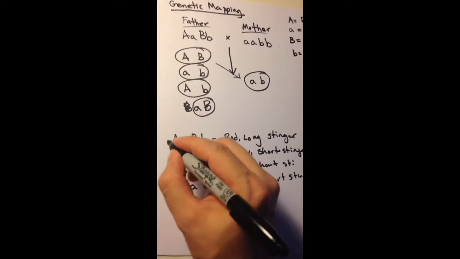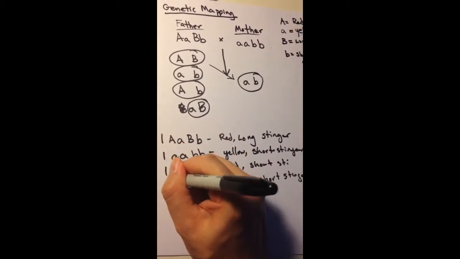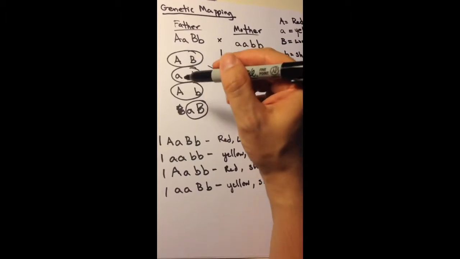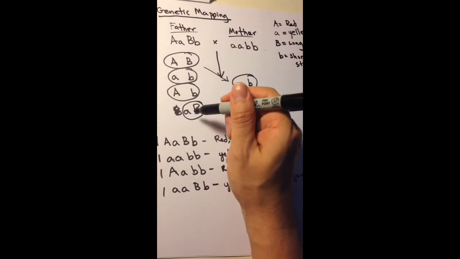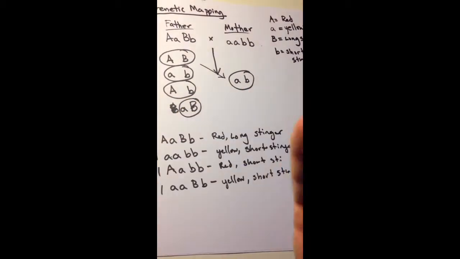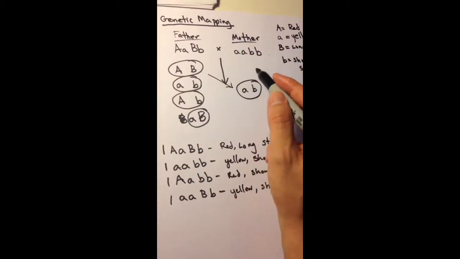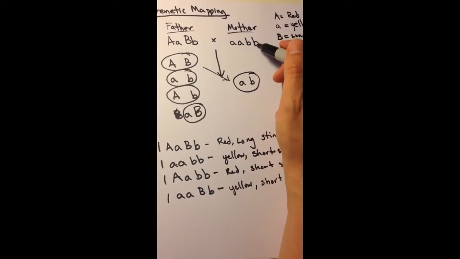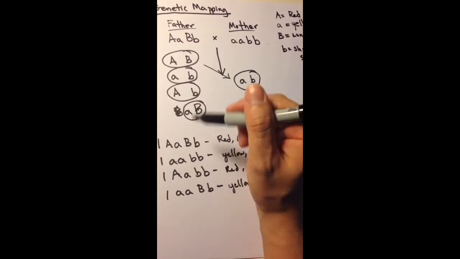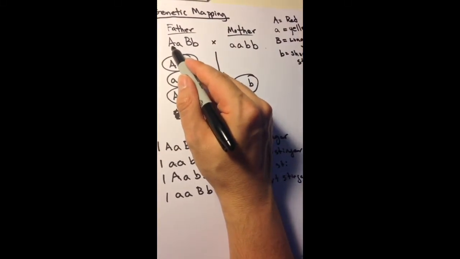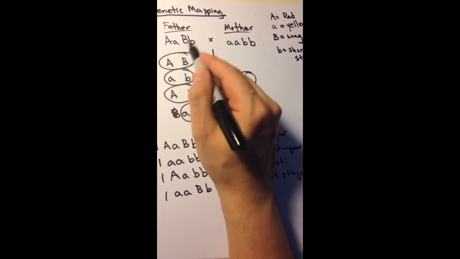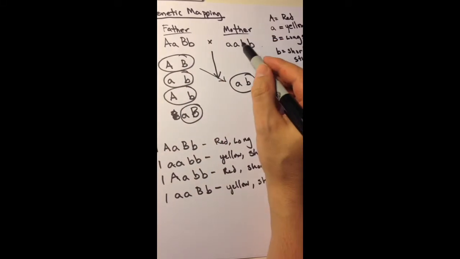So how this is going to turn out is a 1-to-1-to-1 ratio. There is a 25% chance for each of these gametes to form. If this were a different combination, you would have a different percentage, but you know that the father is heterozygous dominant for both of the genes, and the same for the mother.